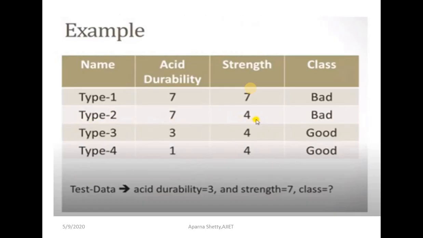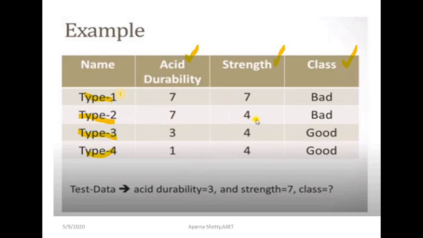Next, let us consider this example of the k nearest neighbor classifier. This is an example of a tissue manufacturing company. There are four types of tissues: type 1, type 2, type 3 and type 4. Based on the attributes, acid durability and strength, you will classify the tissue as good or bad.